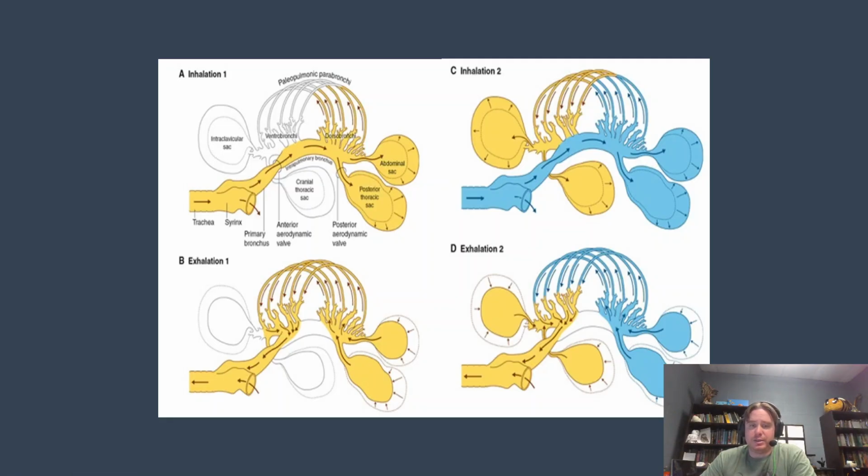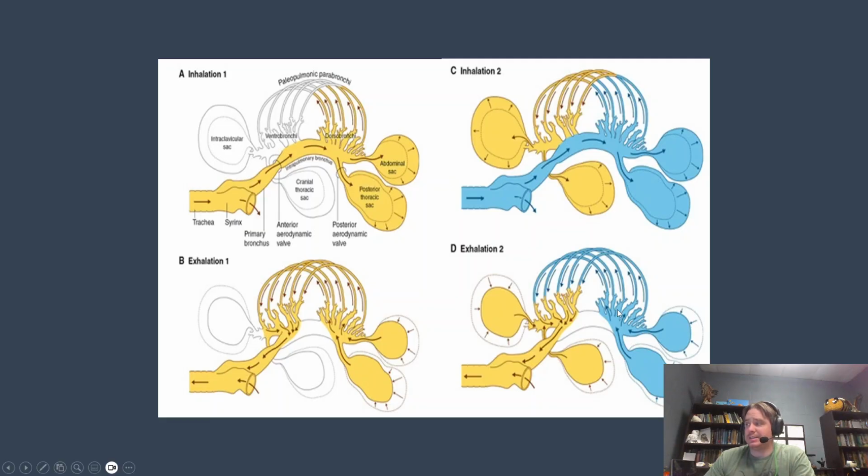In the second inhalation, new air is brought in. That's the blue here. New air is brought in to the posterior air sacs, and the air that is in the lungs gets pushed forward out of the lungs and into the anterior air sacs.